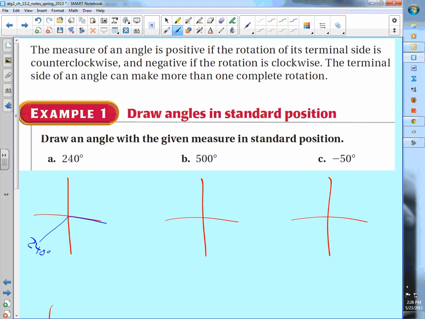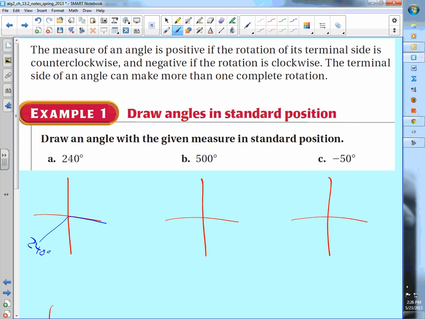Evan, how about 500? All right, we start in the normal spot. Yep, and you're going to go completely around, and then keep going into the second quadrant, about halfway here. So what's the co-terminal of the first revolution? It would be 500 minus 360, so that's going to be 140, right?